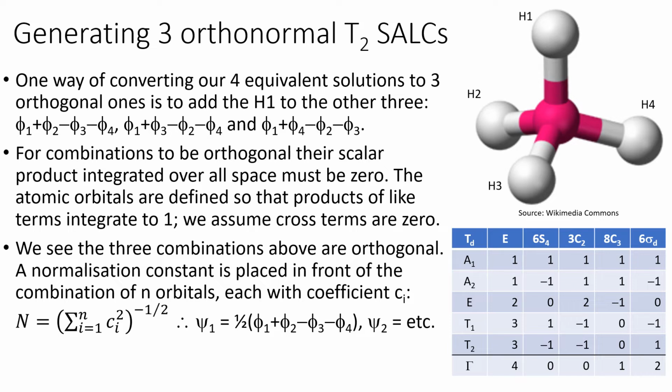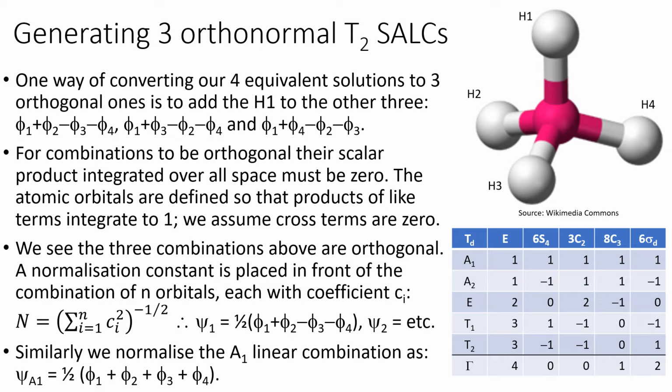That half is 1 over the square root of the sum of all the squares of the coefficients. All the coefficients are 1 or minus 1, so they all square to give plus 1, they sum to 4, and 1 over the square root of 4 is a half. Likewise with the A1 linear combination, it would normalize in just the same way. It's the same kind of combination, except there are some minuses in there, but of course they multiply by themselves to give pluses.